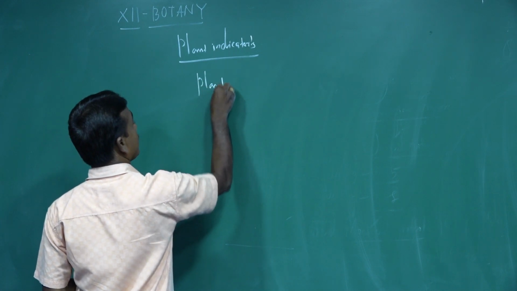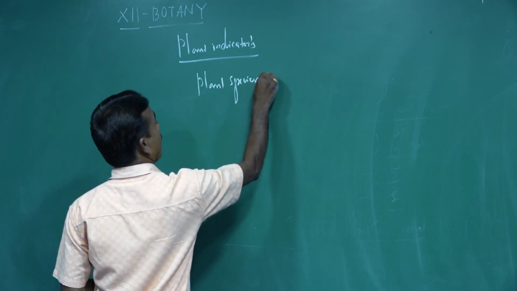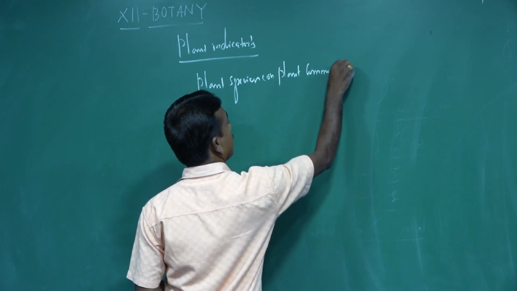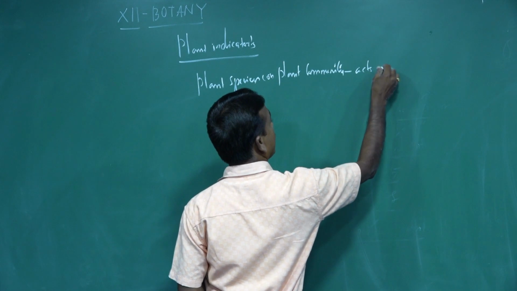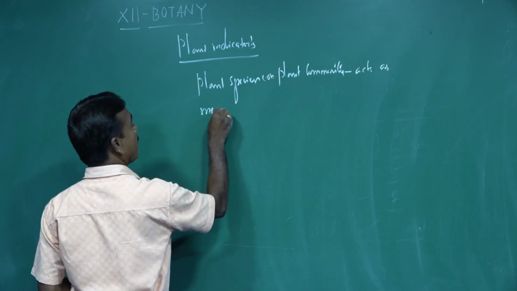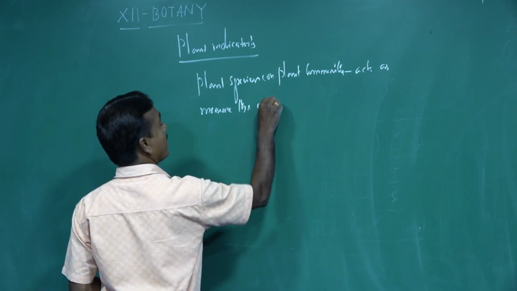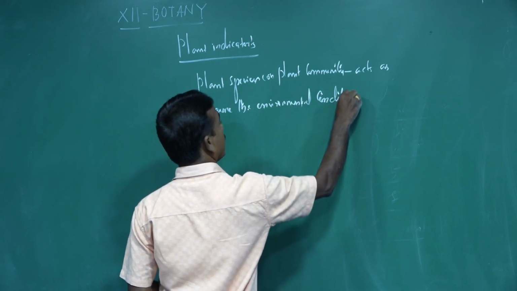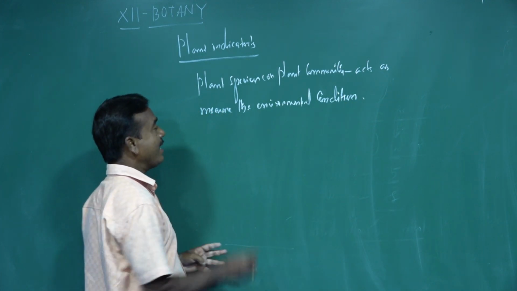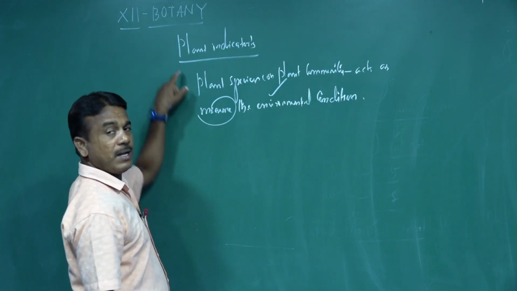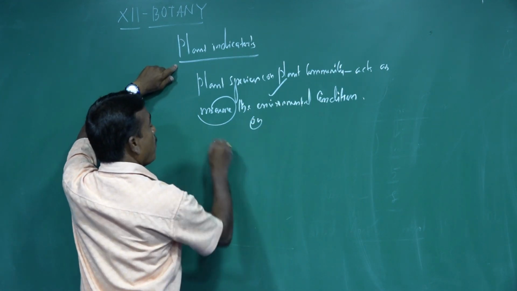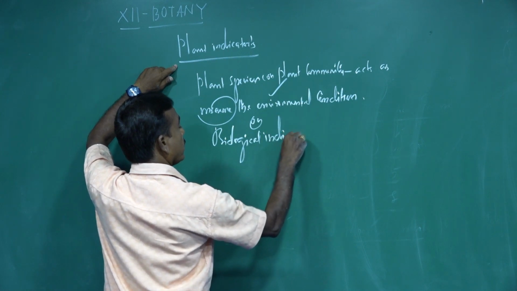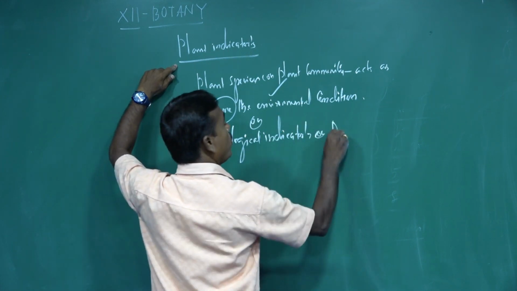Plant species or plant communities that act as measures of environmental conditions are commonly called plant indicators, otherwise known as biological indicators or phyto indicators.